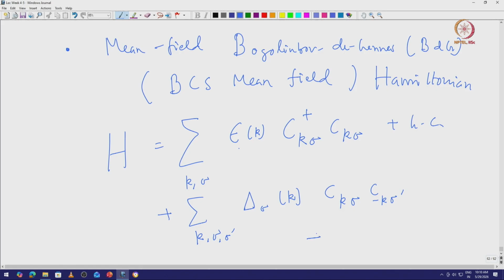And there is some ground state energy which works as delta square or delta k prime divided by v k prime.